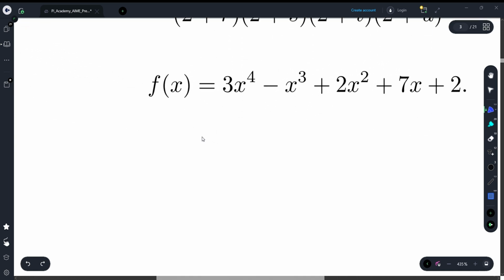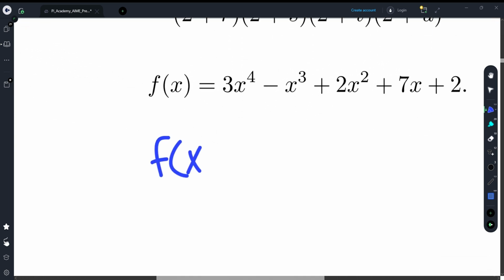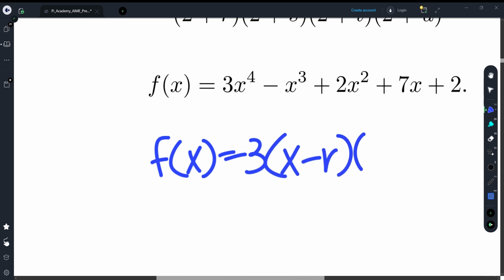And basically, we can turn this polynomial into root form, which is, in other words, just this.